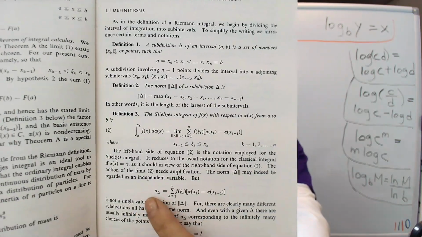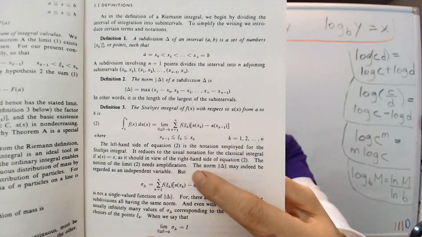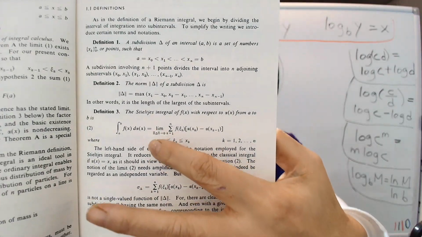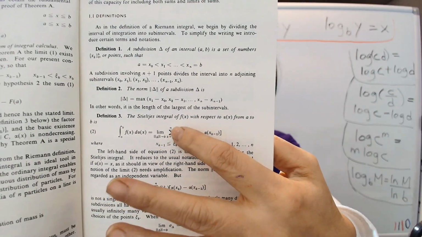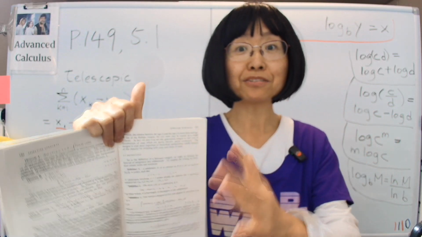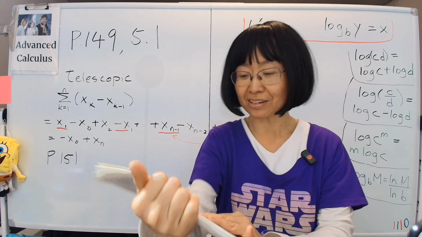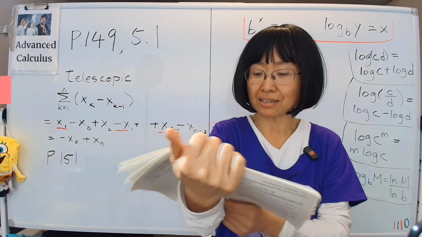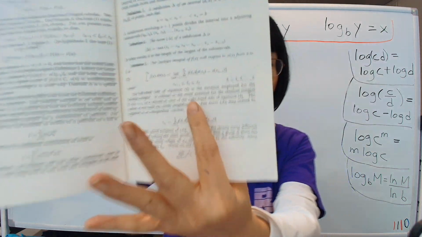But as the norm goes to 0, all that stuff will be forced into proper behavior if the limit exists. That is what this is talking about.